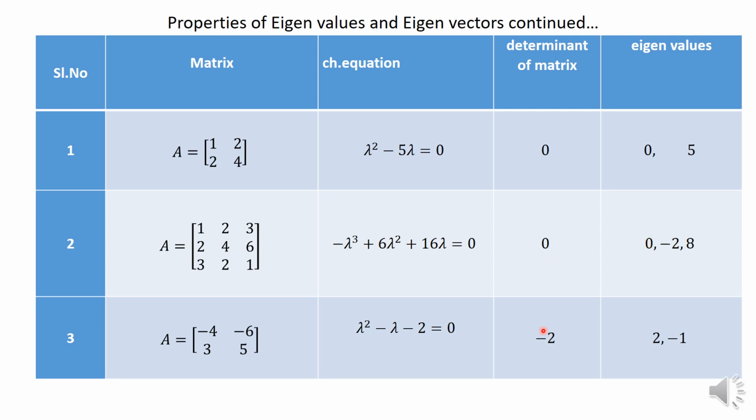If the matrix is non-singular, then we won't get 0 as an eigenvalue. In the non-singular case, all the eigenvalues are different from 0. This is one of the important properties of eigenvalues. In the next slide we shall see this as a property of eigenvalues.